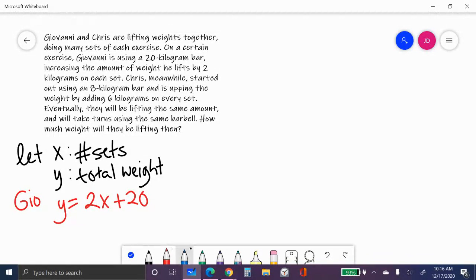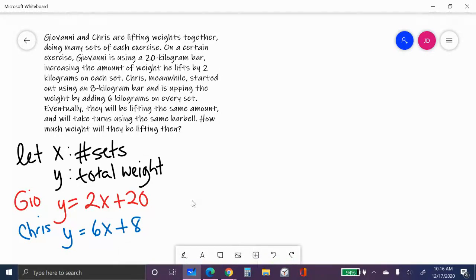Chris, on the other hand, his total weight is going to be, he's starting off with an 8 kilogram bar and lifting 6 kilograms each set. So 6x plus 8.